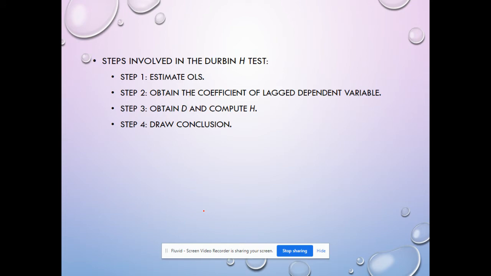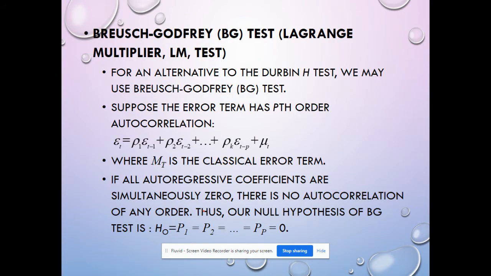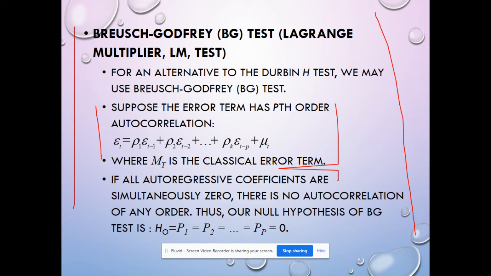Again, this is the other example. The alternative, mostly used in E-views, is the BG, Breusch-Godfrey Lagrange multiplier LM test. This is used for higher order autocorrelation. It doesn't matter whether it's AR4, AR5, AR6, you can use this. So this is a much better test.